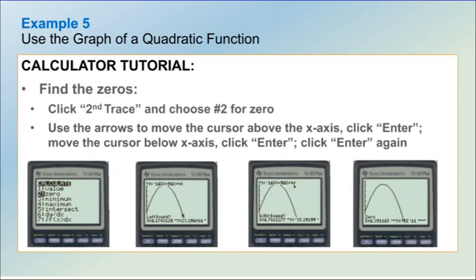So here, if I hit it right above here, so y is positive, hit enter, go below the x-axis, so you just look to see where your y is negative, hit enter a third time, and here it says you have a 0 when x is 6.39. When you have a really small number with 1e to a negative power, it's 0. So we would say it's about 6.4 seconds.